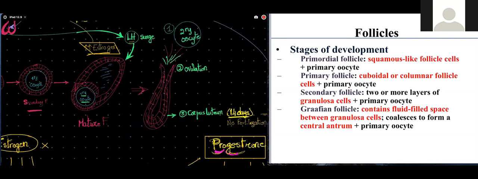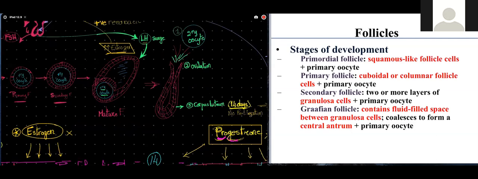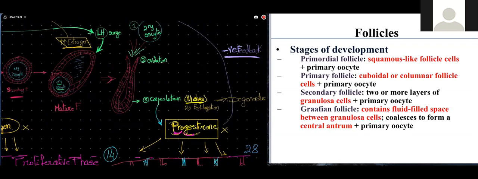The corpus luteum is not going to be releasing estrogen like those growing follicles. Instead, it's going to be releasing another ovarian hormone, progesterone.